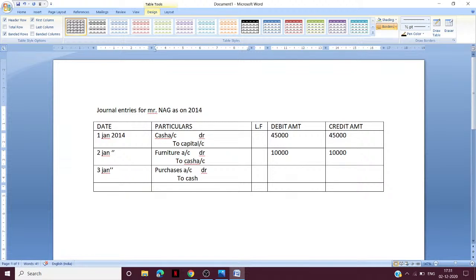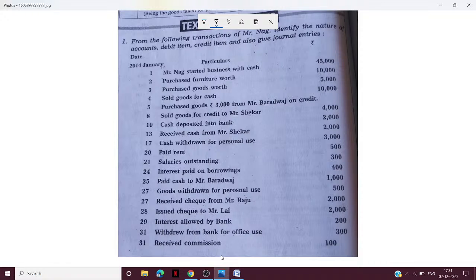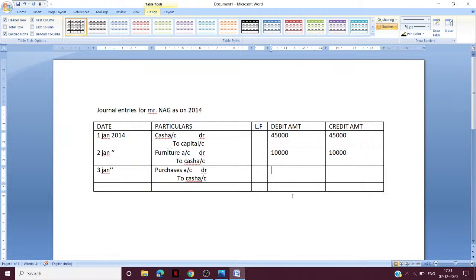Cash. So cash account. This is the transaction. So hope you are clear that when purchases is given we should write this transaction like this. What is the amount? 5,000 in both the columns. 5,000 and 5,000.